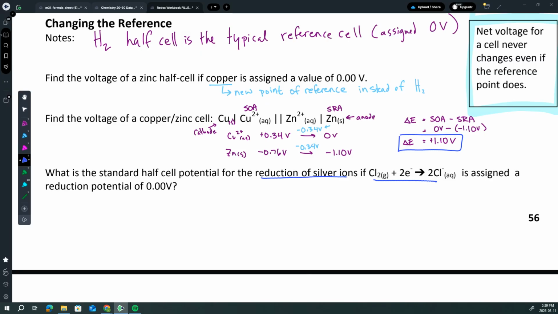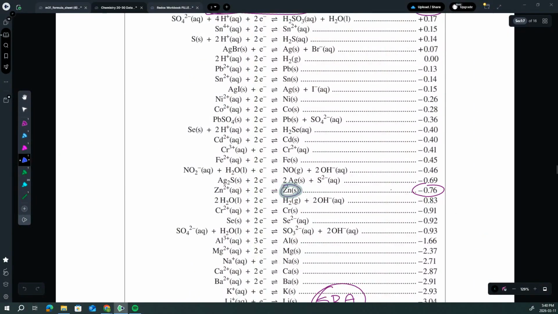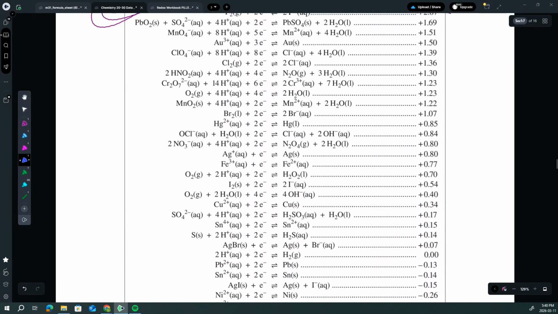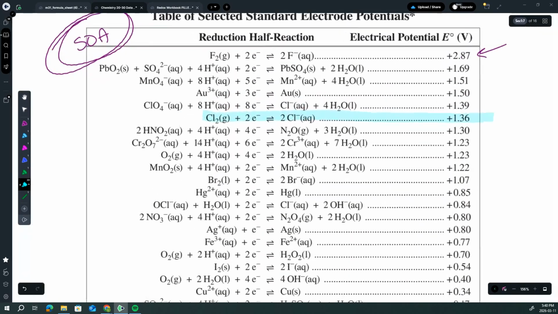That just tells you that if we're assigning this a reduction potential value of 0, that's the new reference cell. So let's find this reaction in our data booklet. Okay, it's right here.